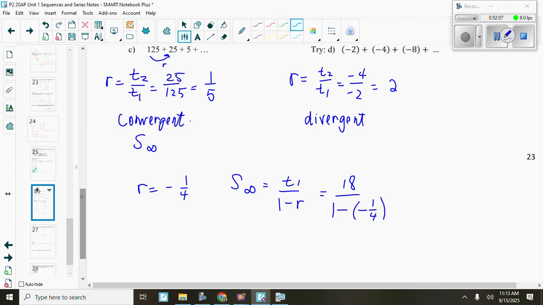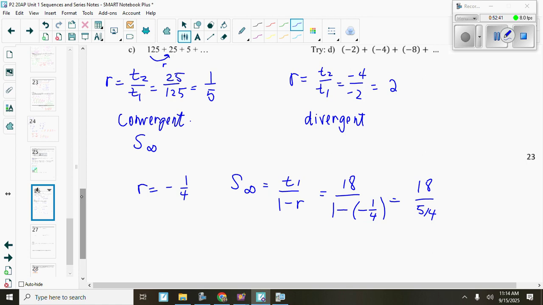If it's a negative ratio, you still have to keep the negative, so don't make that little mistake where you just put in the minus. You would still have to add this. So it would be 18 over 1 plus 1/4. You don't have to rewrite anything. You just have to make sure that you don't mess up on the double negatives there. That was just a little aside.